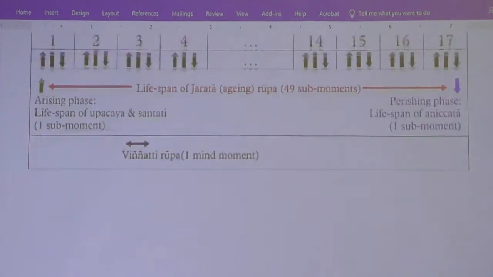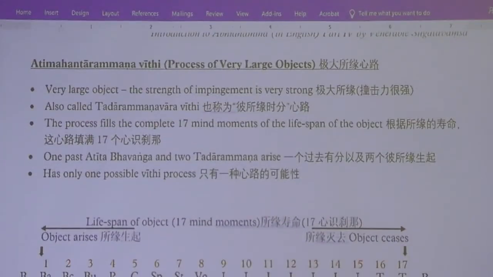Now coming to the main lesson: Ati Mahanta Rammana Vithi, the process of a very large object. Now we know what a very large object is. The stage of impingement is very strong.